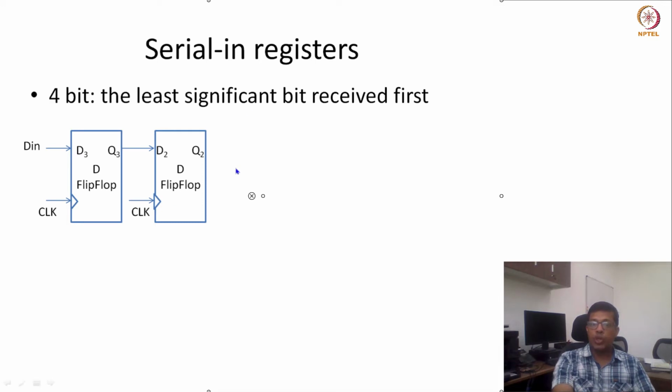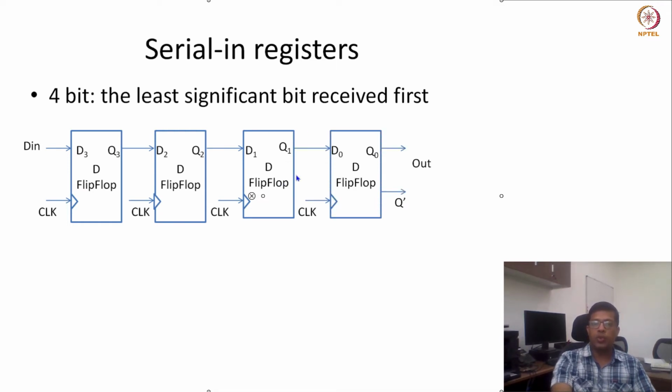Then the output Q2 is connected to the D1 flip-flop, and Q1 is connected to the least significant D0 input of the flip-flop. So there are 4 registers, but they are connected in this manner: my serial input is connected to the most significant flip-flop, and then each output is going to the lesser significant flip-flop till the end.